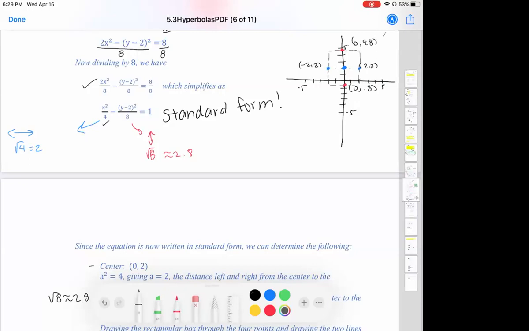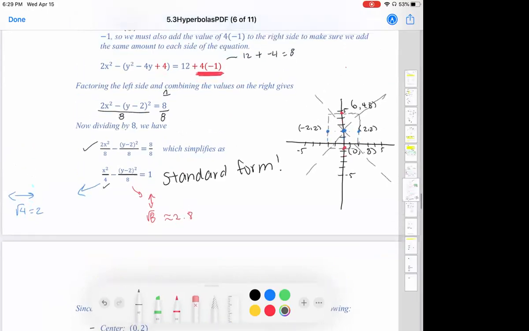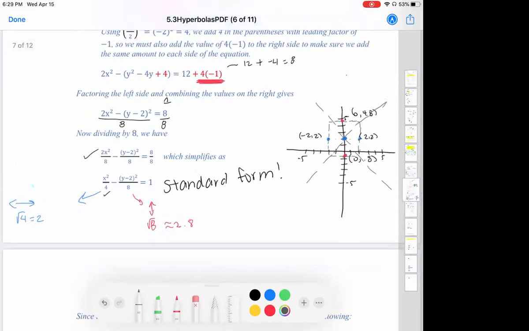Okay, now I have to connect the corners. Now you might be thinking, okay, which way does it open, up and down or left to right? Well, we start with an x, so I know we have a hyperbola left and right. So we go ahead and draw our hyperbola opening left and right.